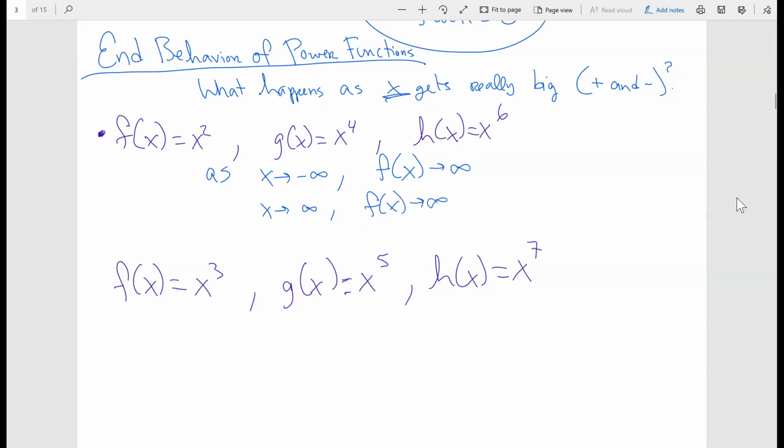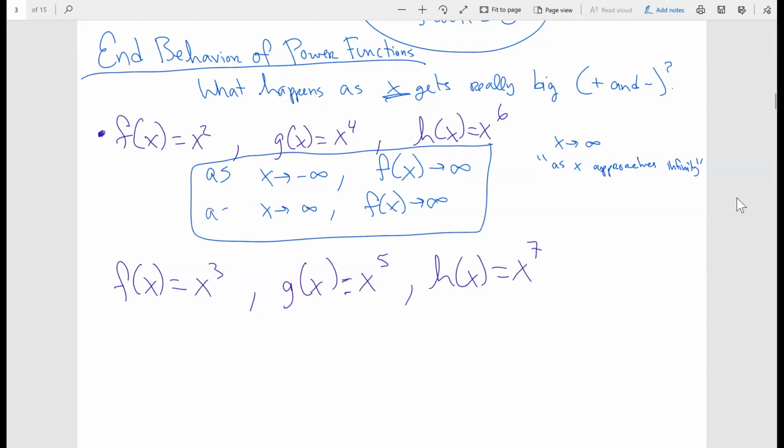So this little arrow, one way that you can write it, just means approaches, or it's going to infinity. Okay, so this is what we call end behavior.